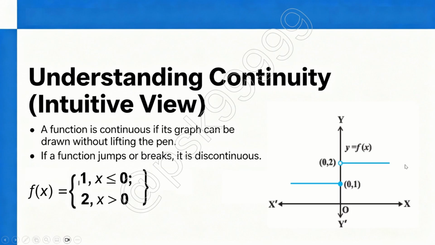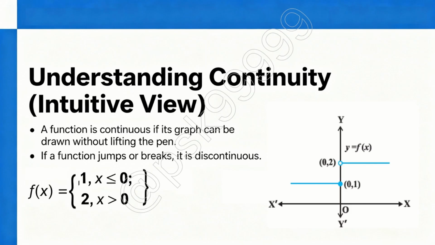Since you are jumping here, this is not continuous. A continuous one is like a sinusoidal wave, like a cos wave, like a straight line, or any other curve like a parabola. So these are continuous lines. This is the basic definition of continuity in a graph.